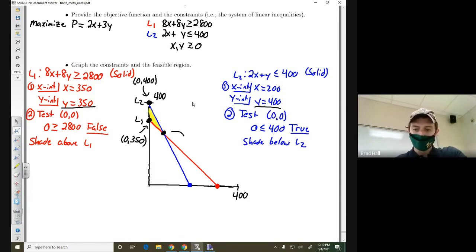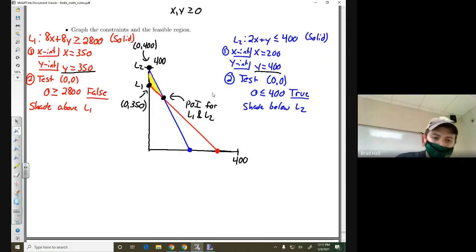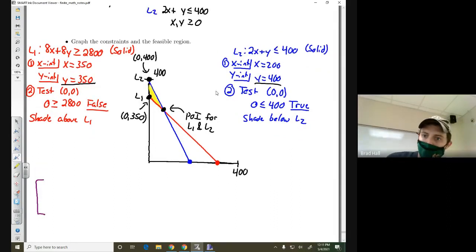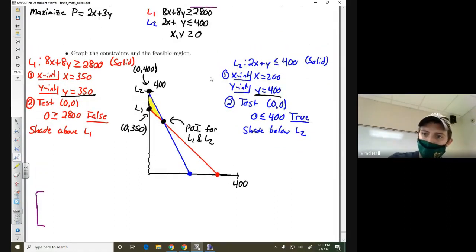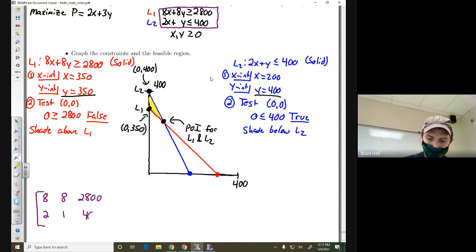And then finally, we have the point of intersection for L1 and L2, which again needs a matrix. So I'll do the matrix down here. It's going to be a matrix between the 2 lines up top in our system, which is 8, 8, 2800, 2, 1, 400.